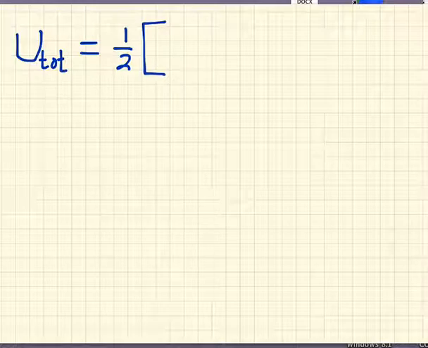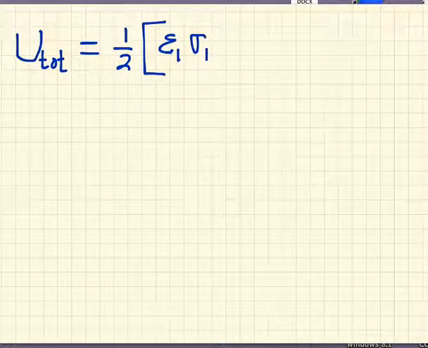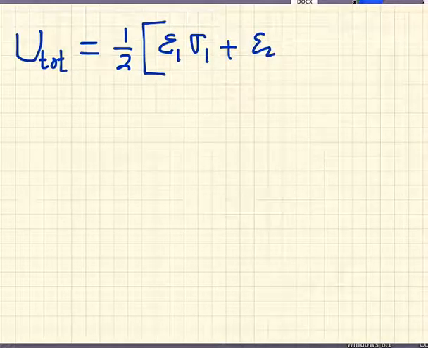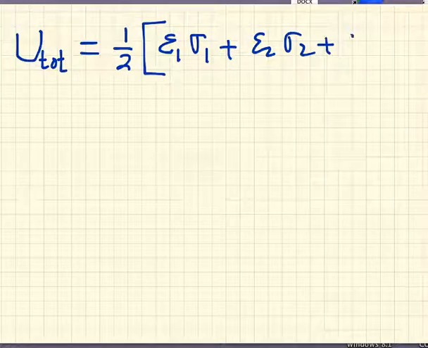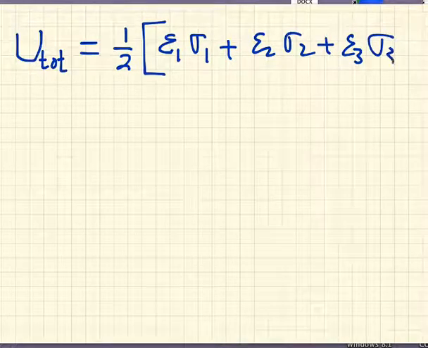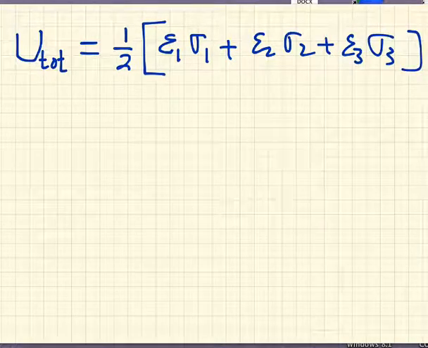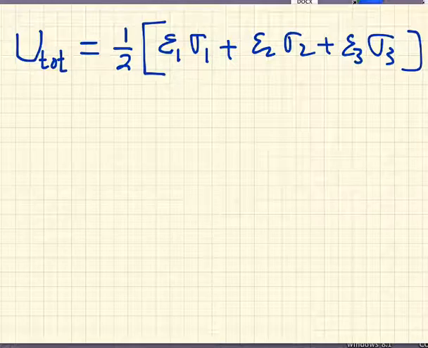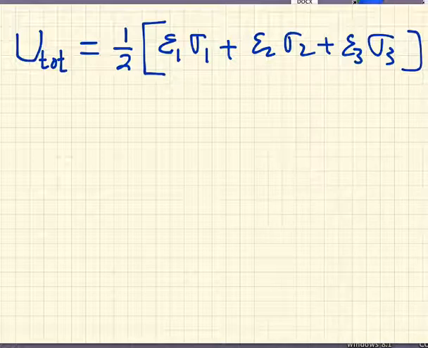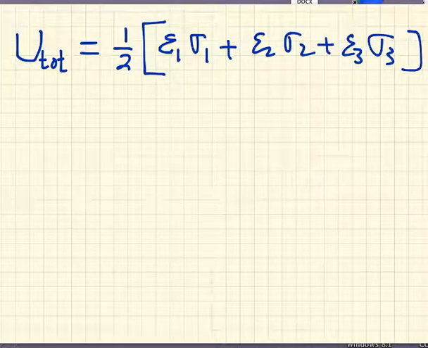But we know that there are three components, so it will be strain 1 times stress 1, plus strain 2 times stress 2, plus strain 3 times stress 3. And that's when we have just principal stresses. If we have other than principal stresses, then it will be a longer expression.